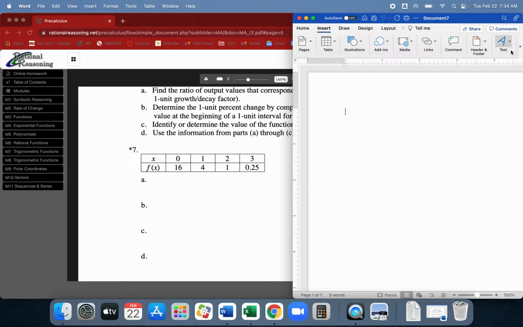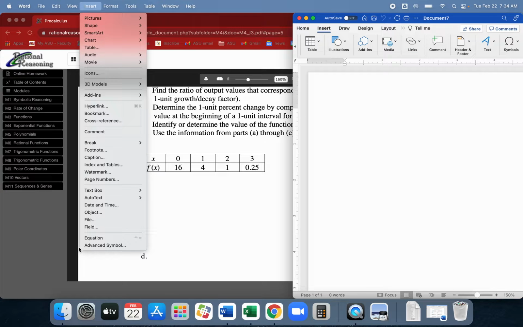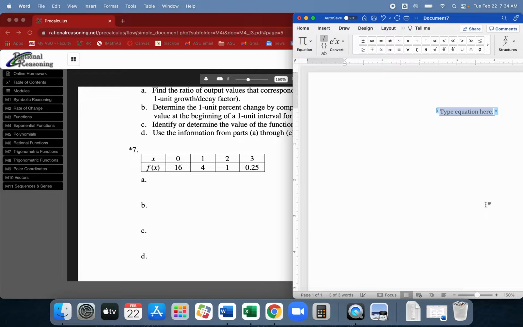Well, I start with, let's see if I can get to this. All right, I'm going to start at 16, right? f of x starts out being 16. And then I vary away from 16 by repeatedly multiplying by 0.25.